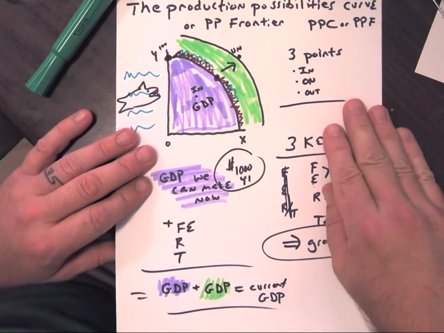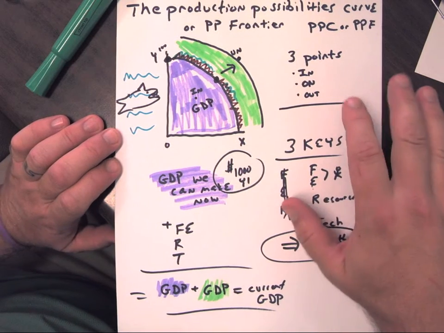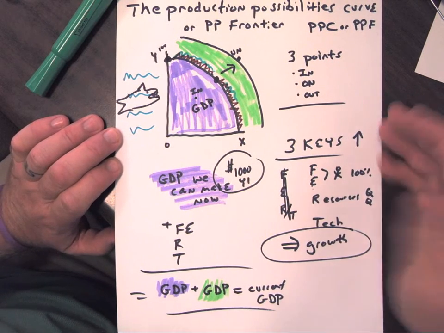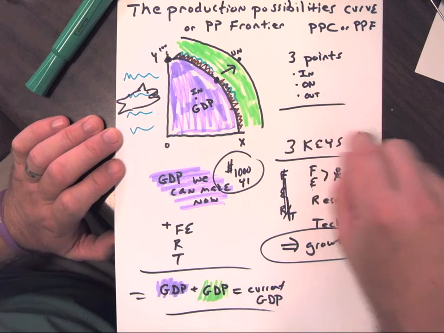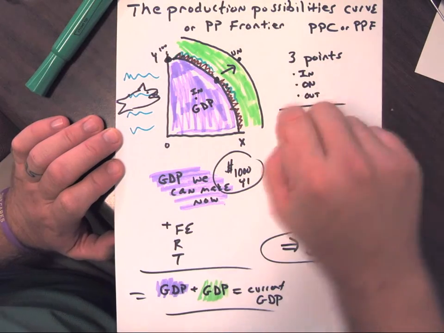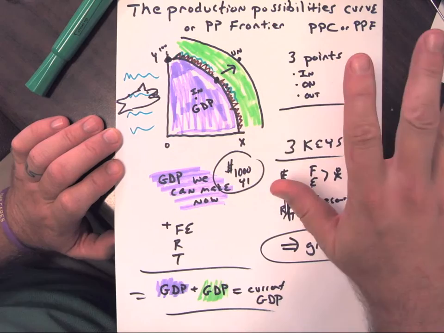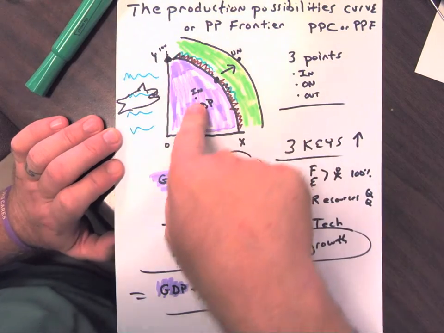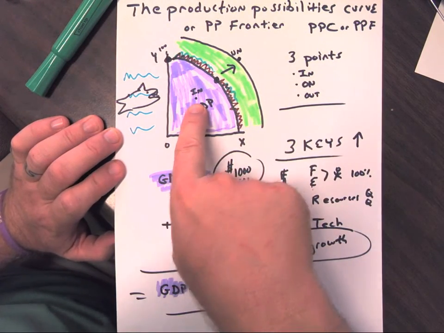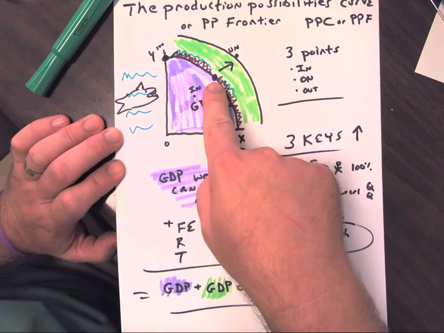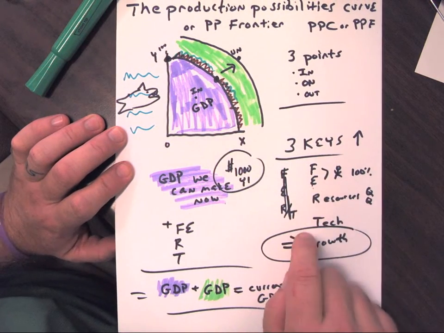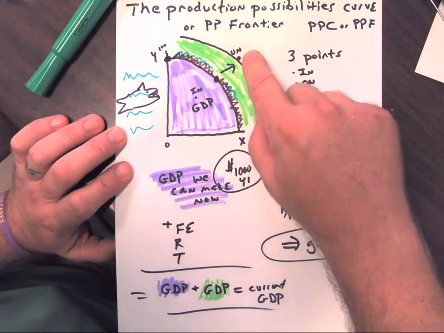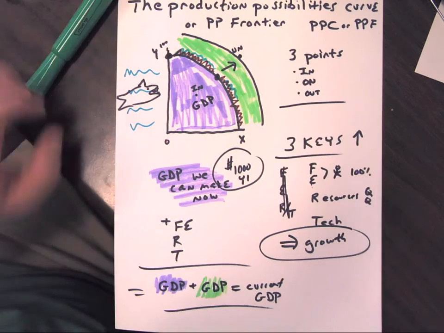Okay. So here we have it. The production possibilities curve, or frontier, it has two different names. We have our 3 points. A point of production. Sorry, I should have said that earlier. So we have 3 points of production, and we can only have one at a time. We can either be not making all the GDP we possibly could, we can be making the most GDP we're capable of making, or we can find new people, resources, technology, and we can reach new levels of GDP that we had not reached before.